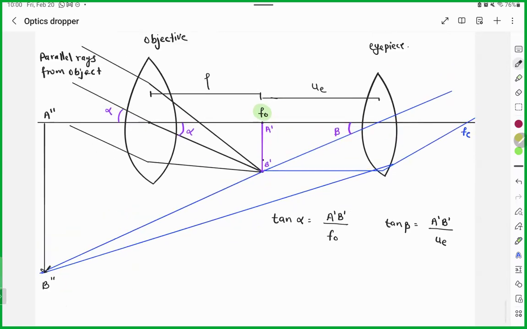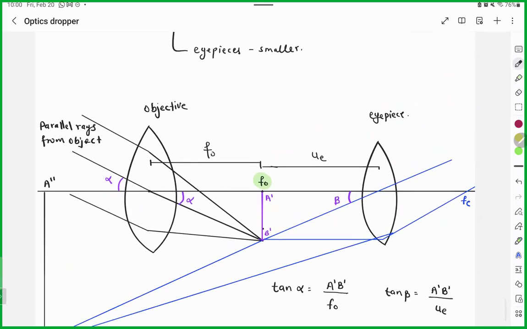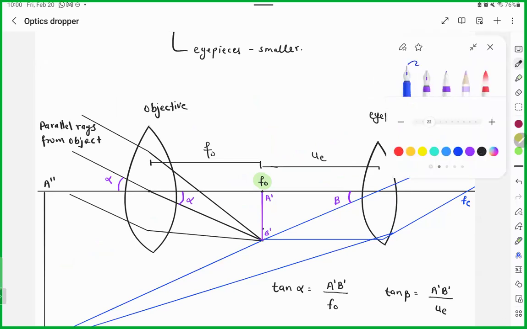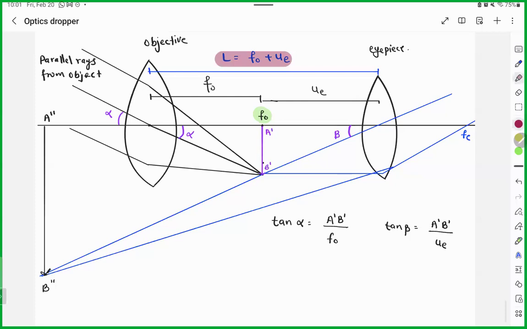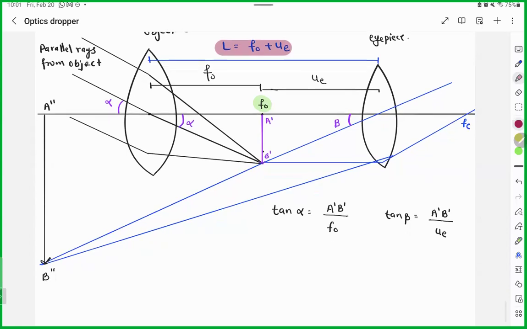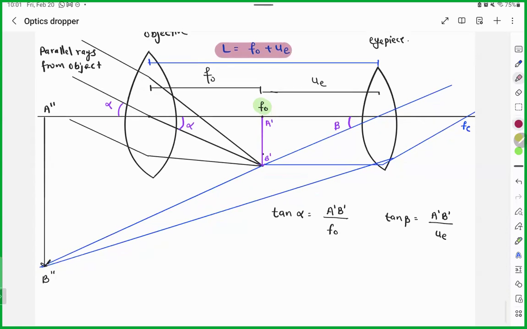Arey, this is focal length, this is UE. If you want to calculate total length between here to here, you know total length will be equal to focal length plus distance of this. Any doubt? Anybody have doubt? Okay.